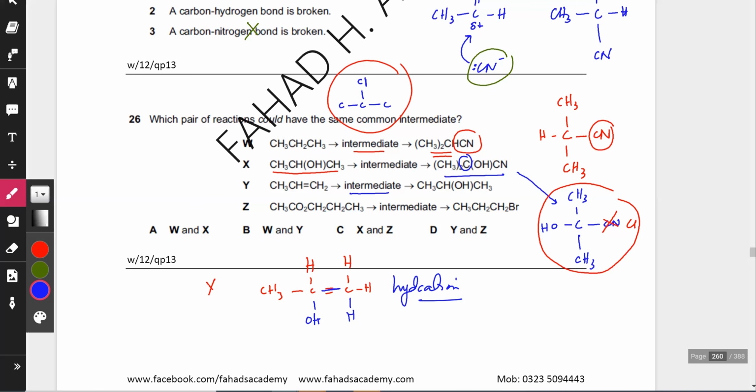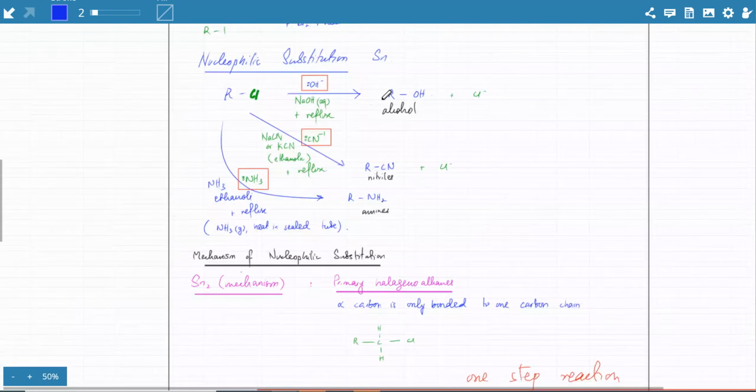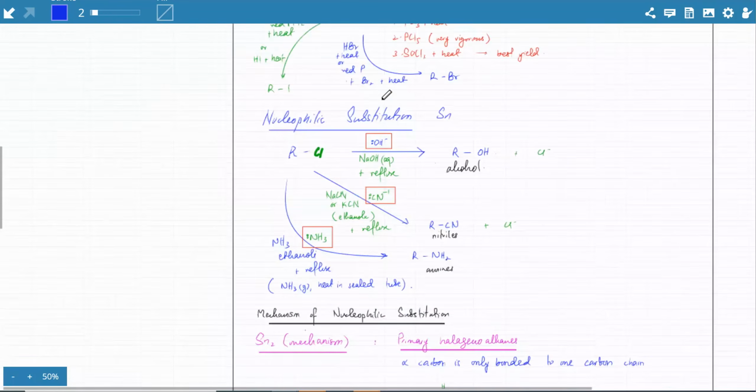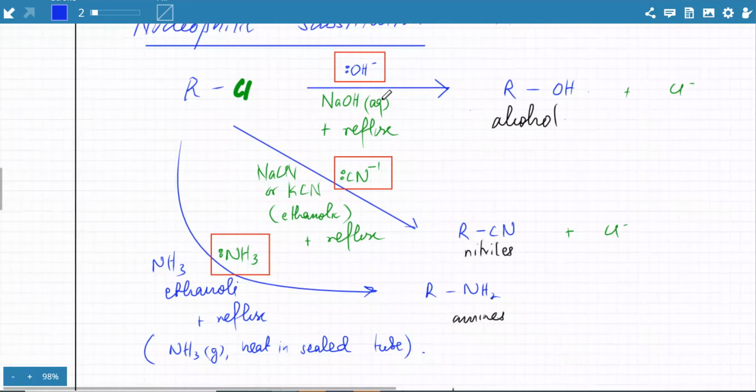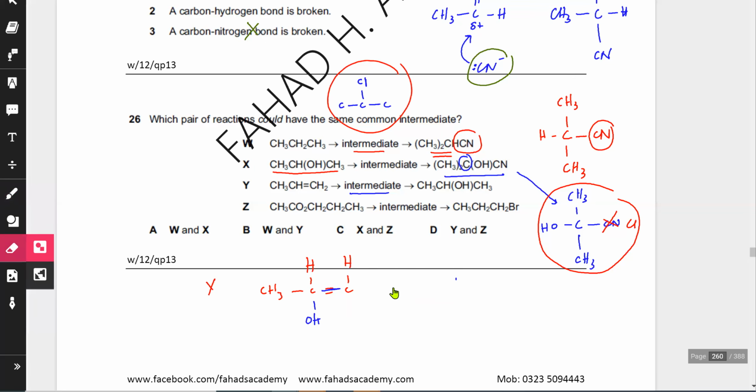And the same thing happens if you look at halogenoalkanes. You would notice that in a halogenoalkane, the Cl might get substituted by OH as well to form an alcohol. So I want two steps in the reaction instead of just one step. I can get the same thing with hydration, but I don't want one step. I want two steps because the question says that there are two steps happening.